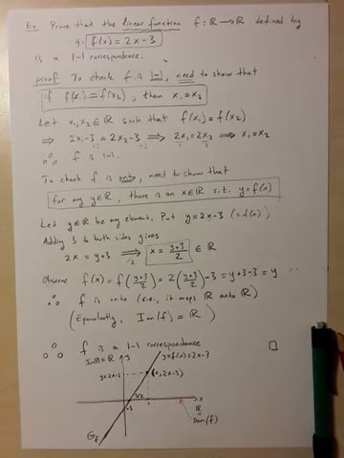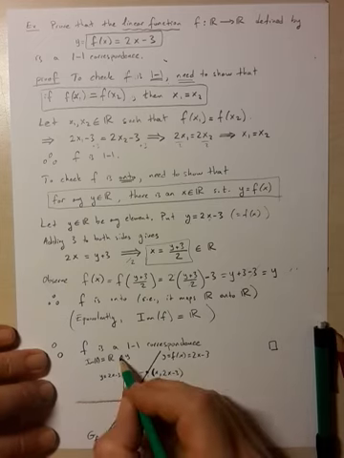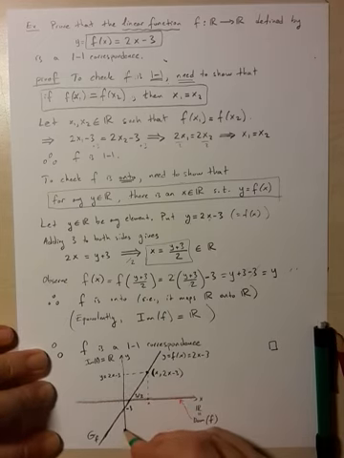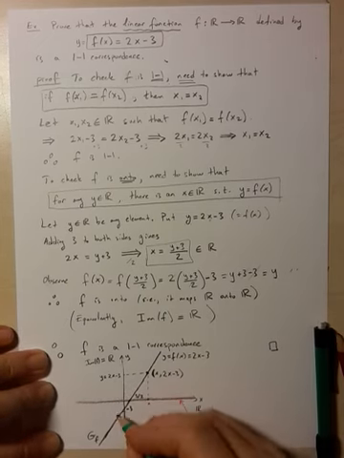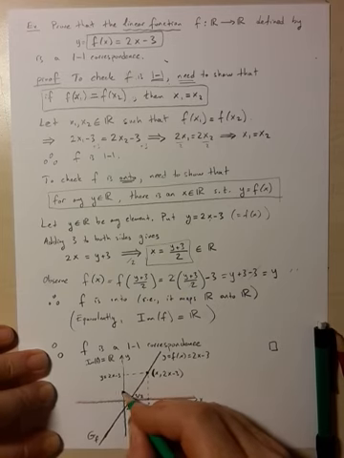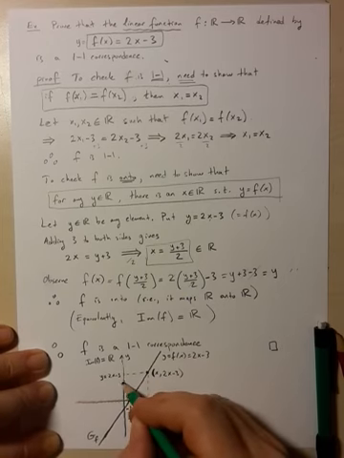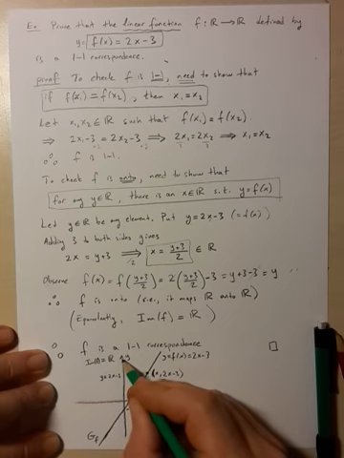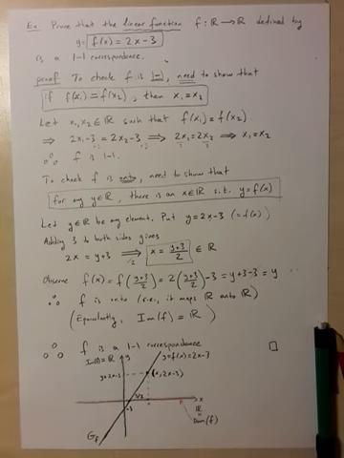Let me use green to highlight the codomain, but the codomain will be the same as the image. So this is a geometric understanding of one-to-one correspondence.